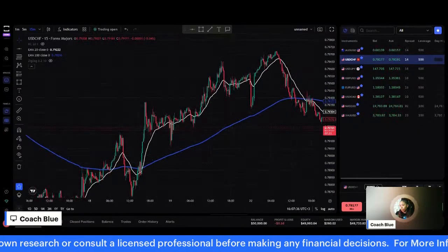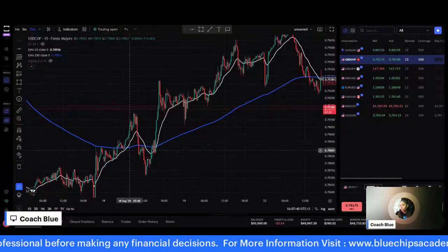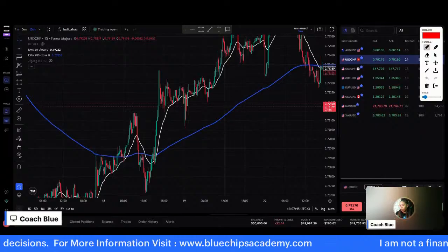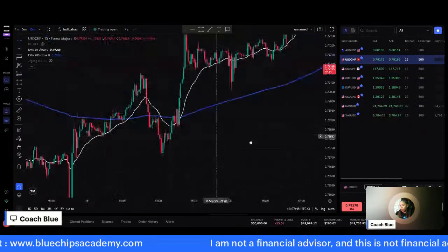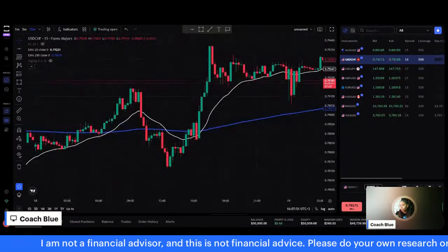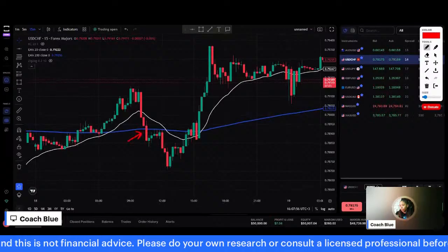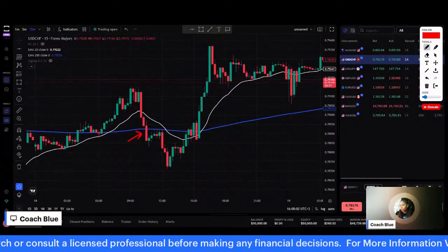Another example. Let's say you got the alert here. I'm going to zoom in and really get into the detail for this. You might get an alert on this candle right here that says price is near the 200. At this moment, price is near the 200, but where's our 20?